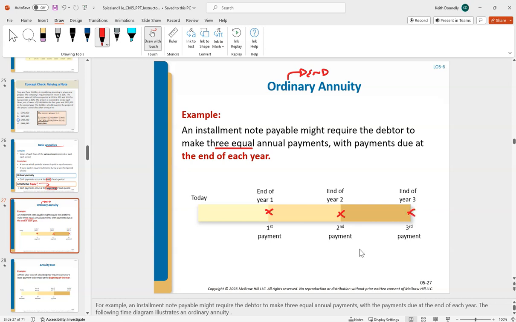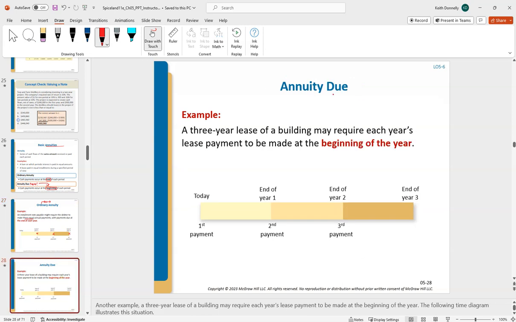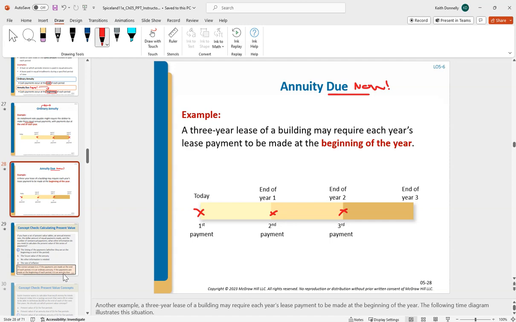Here's the end of year 3, there would be a payment. This would be an annuity because it's a steady stream of payments, and it would be an ordinary annuity because the payments occur at the end of the period. In distinction, with an annuity due, the payments would be at the beginning of the period.